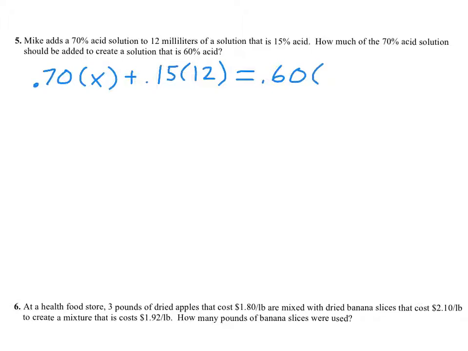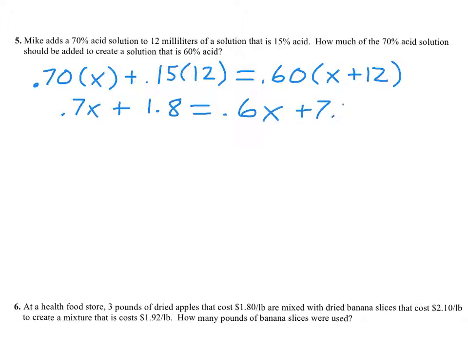So if we had 12 milliliters mixed with x milliliters, the total amount at the end should be x plus 12. 15% of 12 is 1.8. 60% of 12 is 7.2.